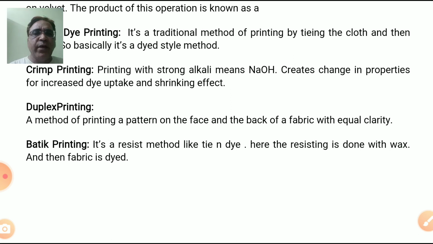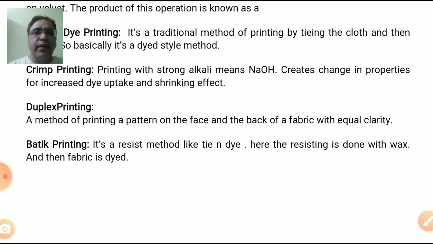Next is your batik printing. This is also a resist method like tie and dye. In tie and dye we were using threads, but here we are resisting that area using wax. The print is made using molten wax, and then the material is dyed.